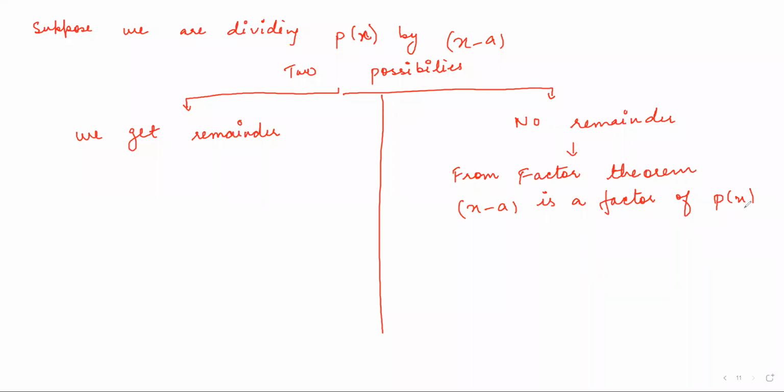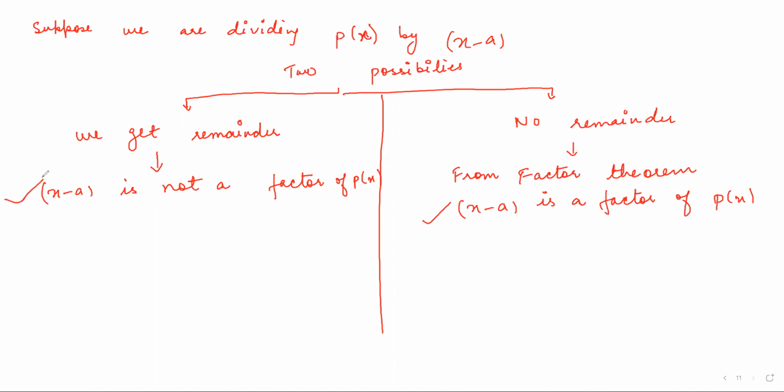Now, if we get a remainder, that means x minus a is not a factor. In this case, x minus a is a factor. In this case, x minus a is not a factor.